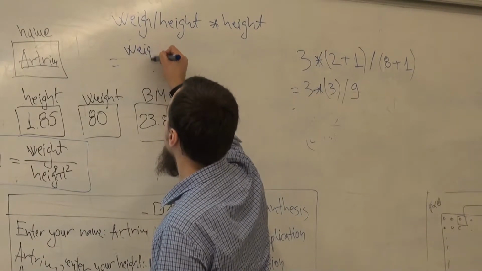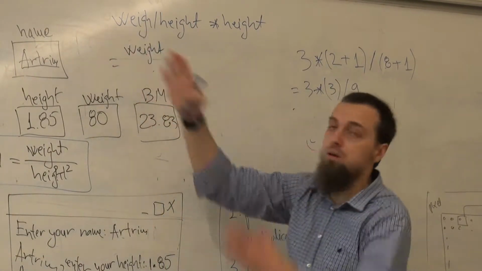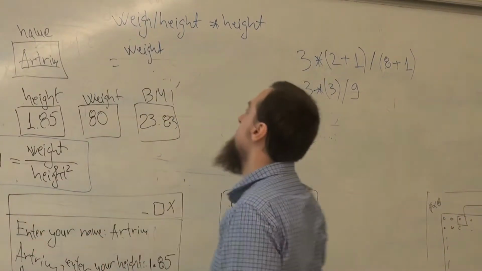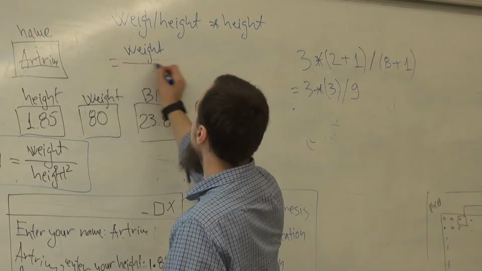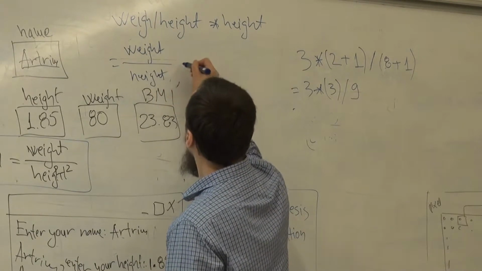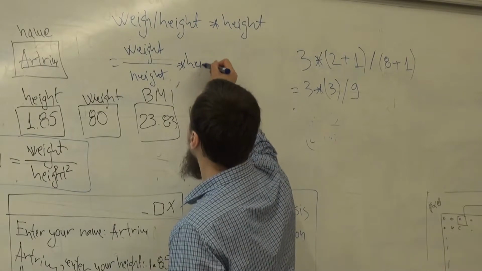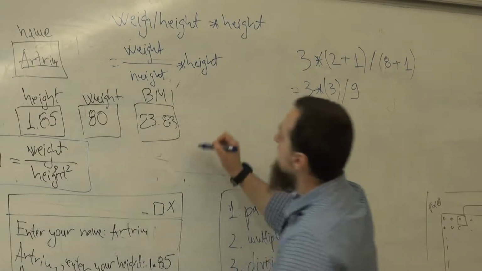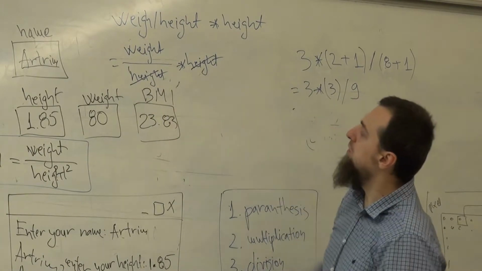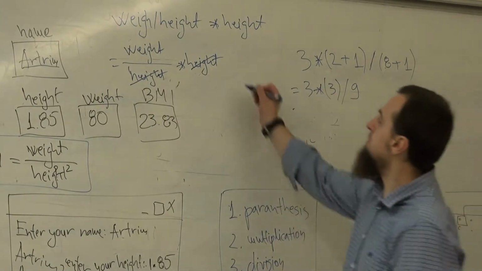Weight. It's going from the left to the right. It's always like that, from top to bottom, for all programming languages. So weight divided by height, multiplied by height again. Those two terms are going to get cancelled, so this is weight.